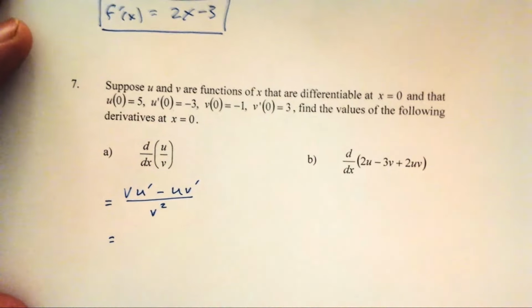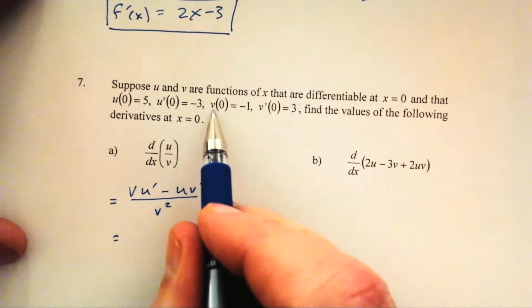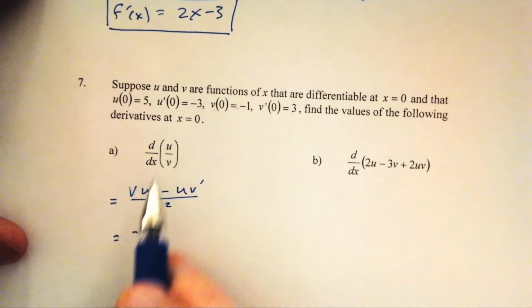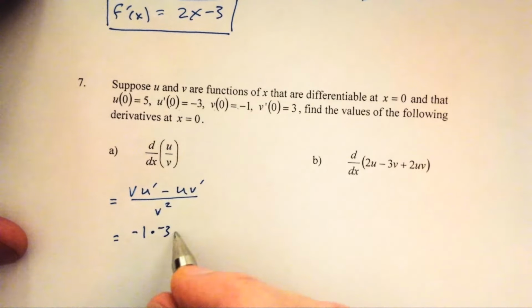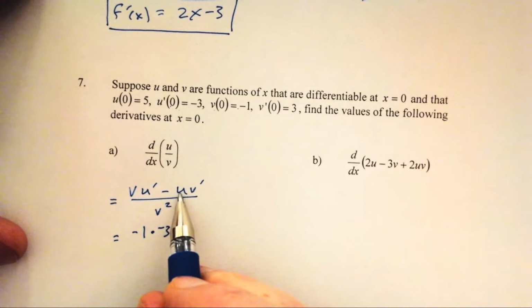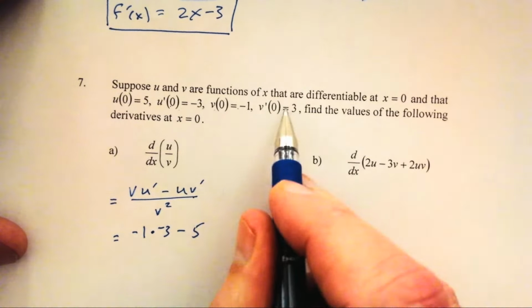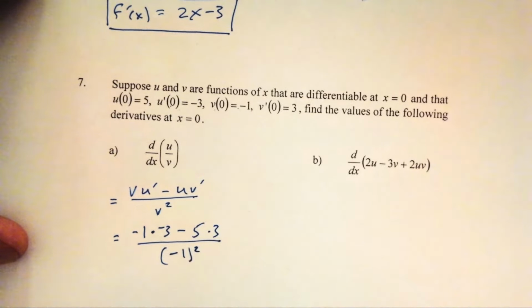And now it's just straight substitution. V at 0, plain old v at 0, is negative 1. U prime at 0 is negative 3, minus plain old u at 0 is 5. V prime is 3, all over v negative 1 squared.